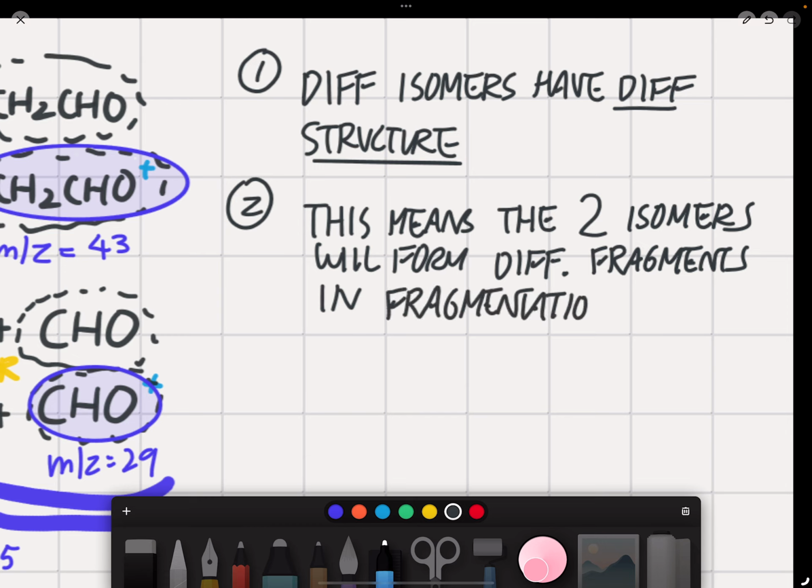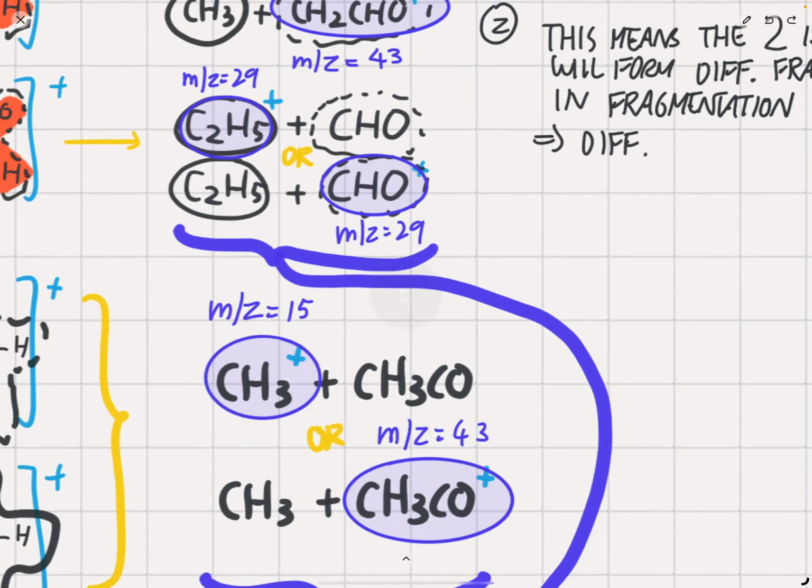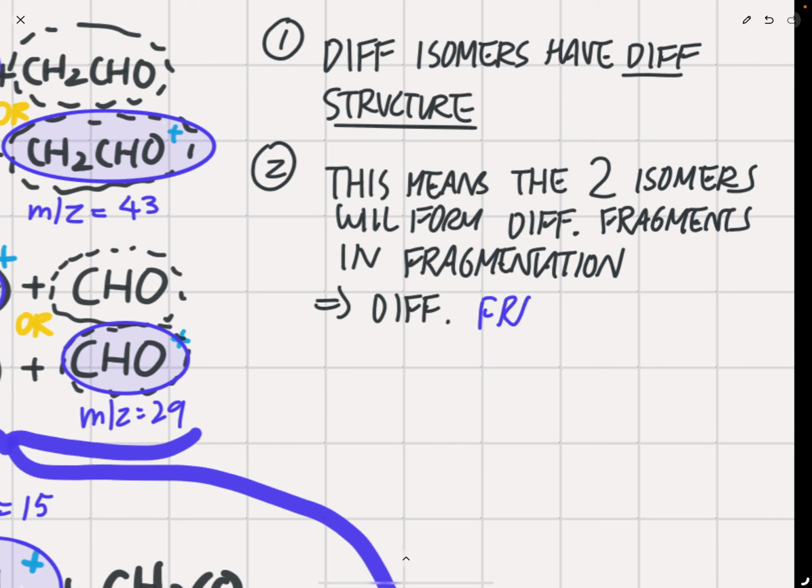So you have different fragment peaks in here. The purple peaks we just saw are the fragments, so they will have different fragment ions.